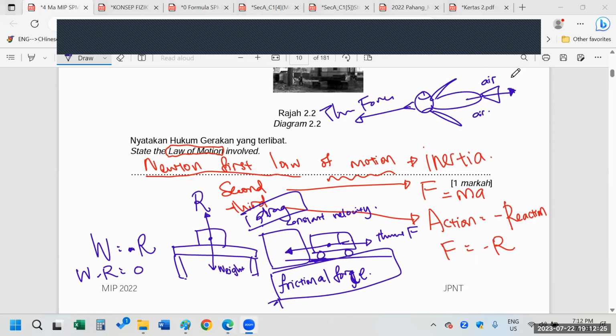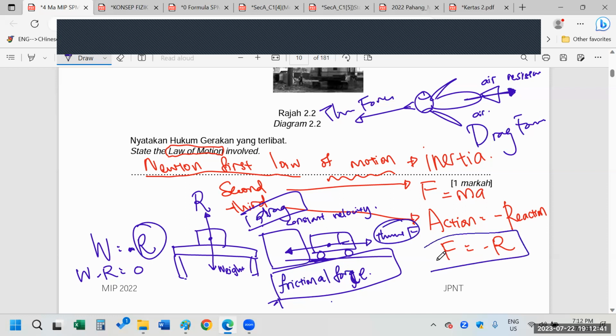Yeah, air resistance. Okay, drag force. Yeah, it is a force. It is a common force for the opposite, for the reaction force. So we say thrust force and frictional force are action-reaction forces.